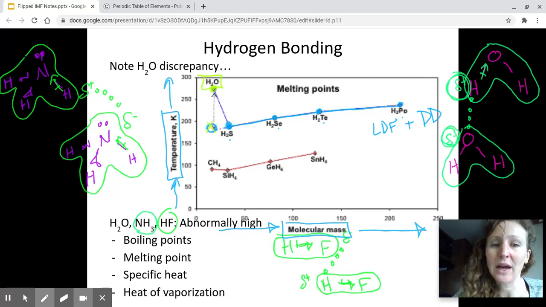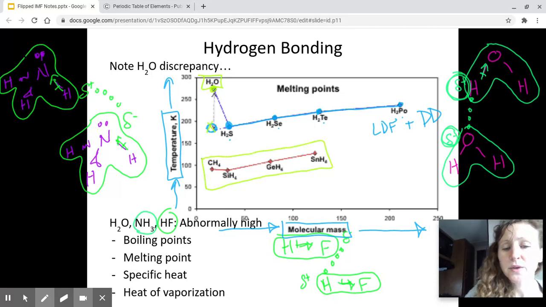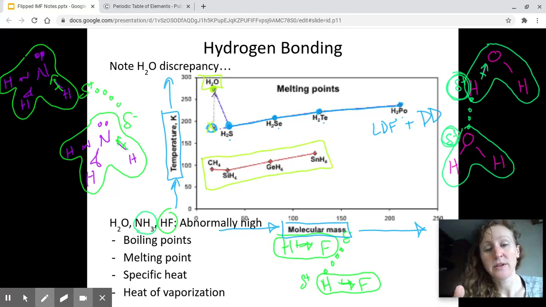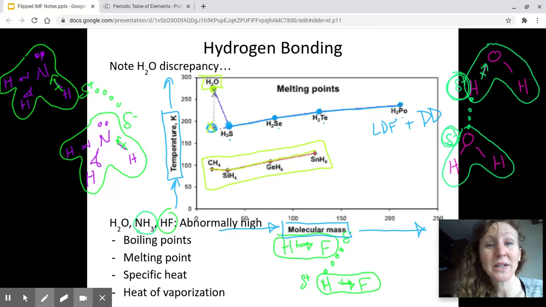That's what we mean by exceptionally strong. You can see they have a similar trend here for molecules that form within the carbon family. And you can see that they also have this nice little trend going on here. Carbon also slightly breaks the trend, but it's nowhere near the trend break that occurs with water.